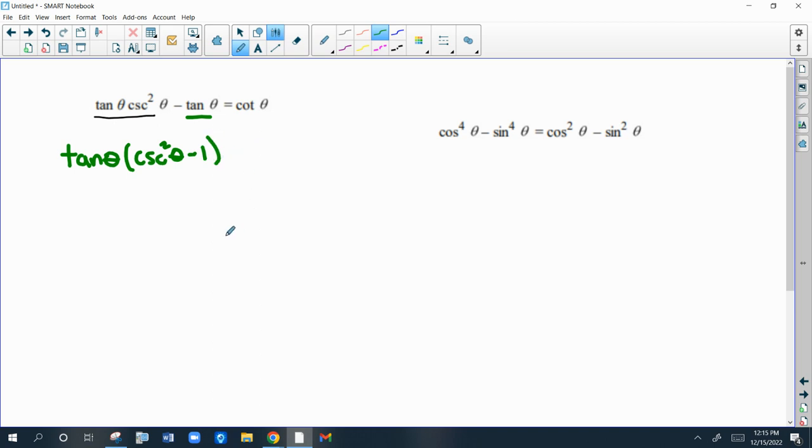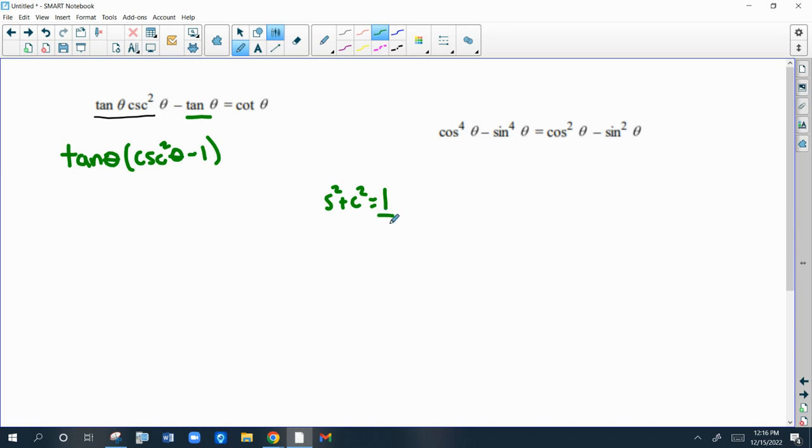Now, cosecant squared minus 1 looks like a Pythagorean identity because you see that squared and you see that minus 1. So for cosecant, we know that if you remember, sine squared plus cosine squared equals 1. Let's make the 1 a cosecant.